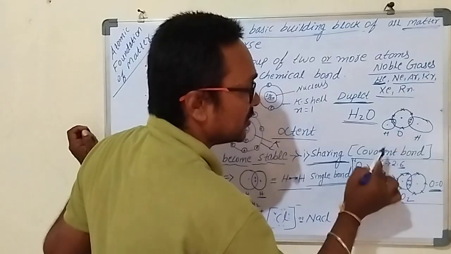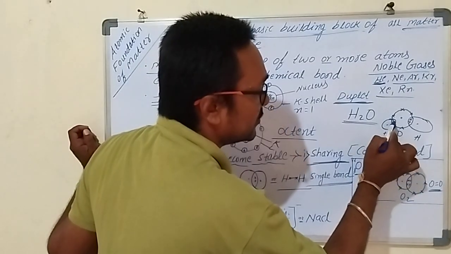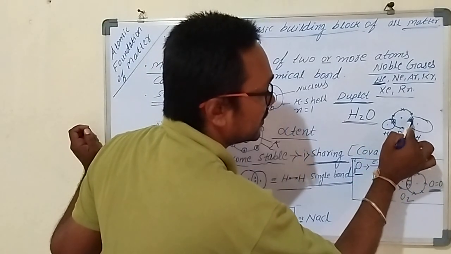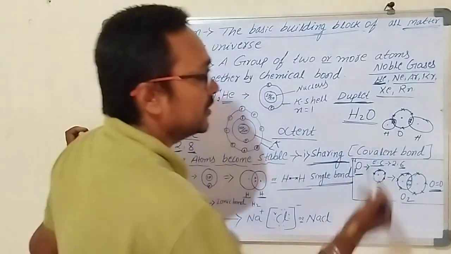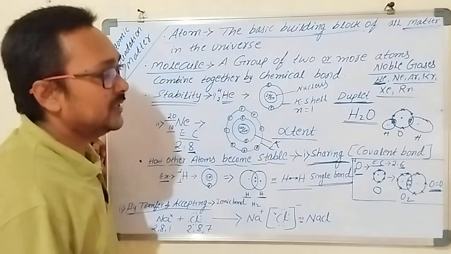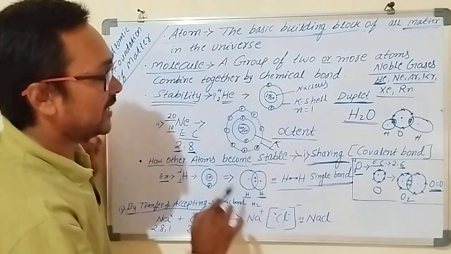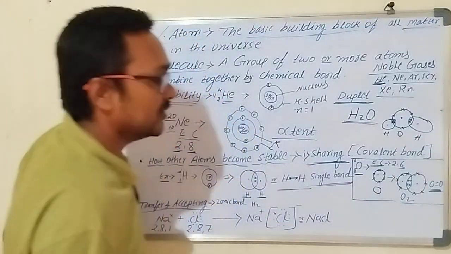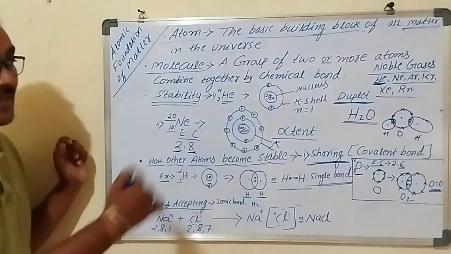Oxygen has obtained its octet and hydrogen has obtained its duplet, 2 electrons. Right, 2 electrons. So both are sharing with each other, they can form the compound, and it is also considered a covalent bond. In a compound, we can consider sharing takes place.